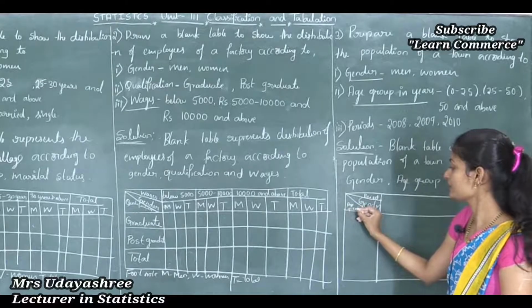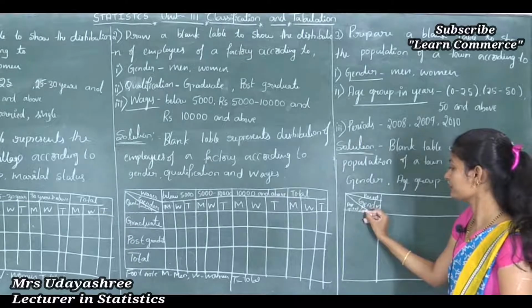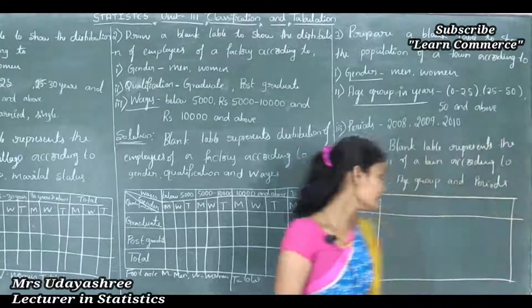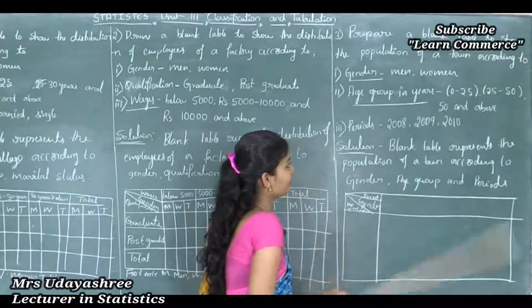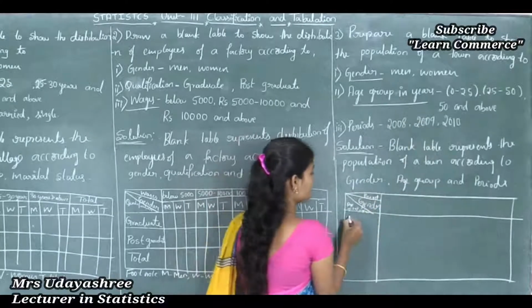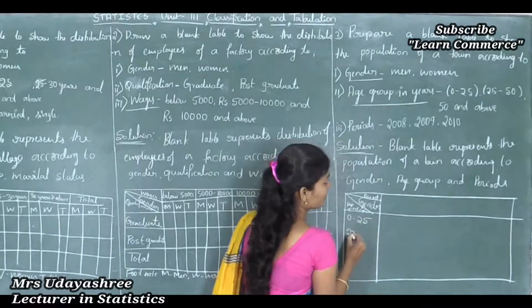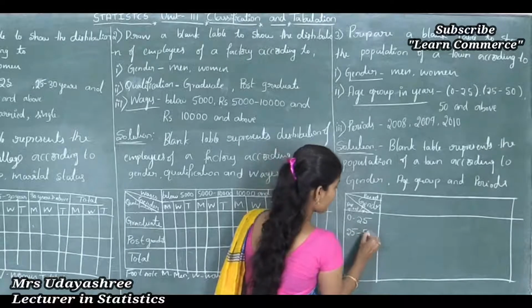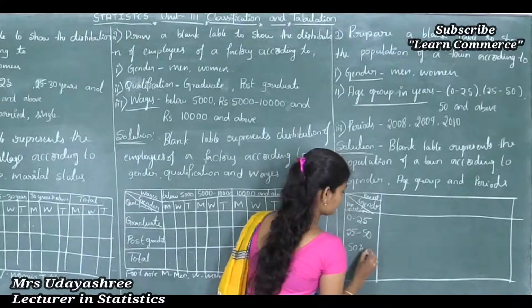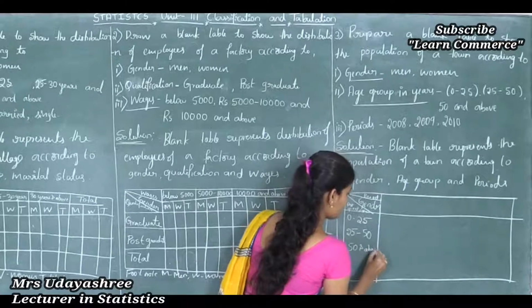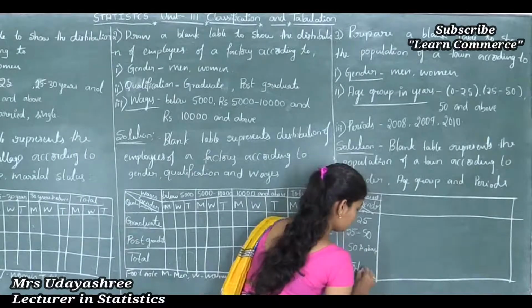Age group in years. Now under age group in years I will write the classifications, that is 0 to 25, 25 to 35, 25 to 50 and 50 and above. The last column is total.